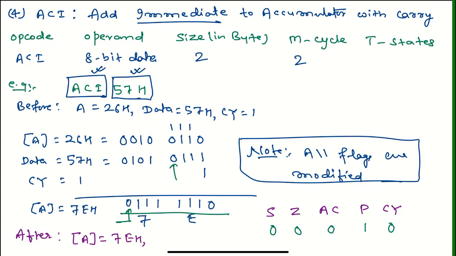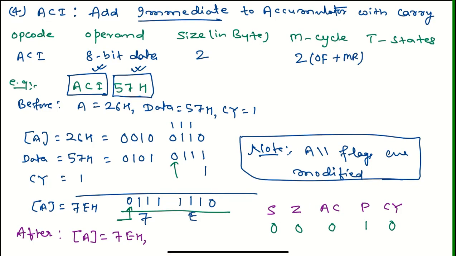So for the execution of this instruction, this processor is accessing this memory chip 2 times. One is called an opcode fetch operation and the second machine cycle is called a memory read operation. So this can be written as MR.